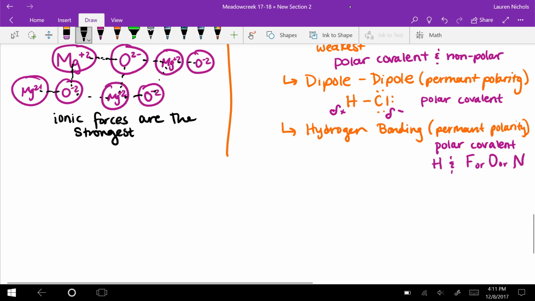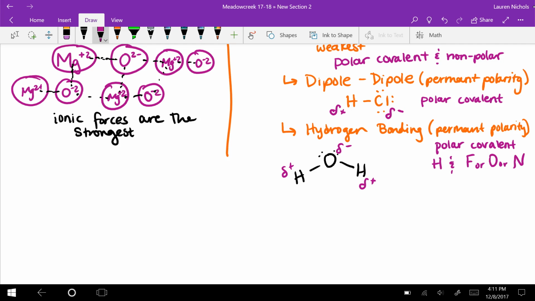And the reason why this works is because if you have a water molecule, for example, water is going to be a polar covalent molecule, and this is what the Lewis structure for it looks like. We know that oxygen is more electronegative than hydrogen, so hydrogen is going to have a partial positive charge, and oxygen is going to have a partial negative charge in all of these.